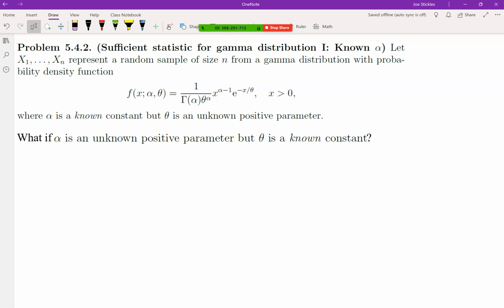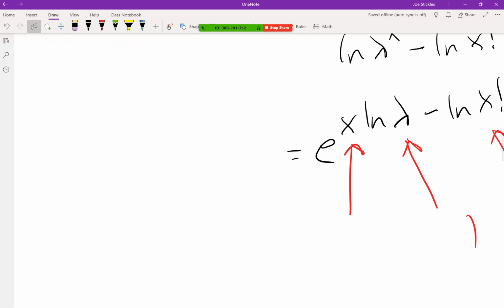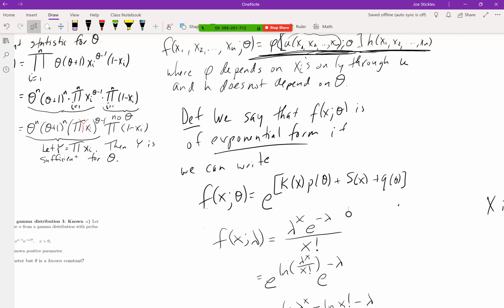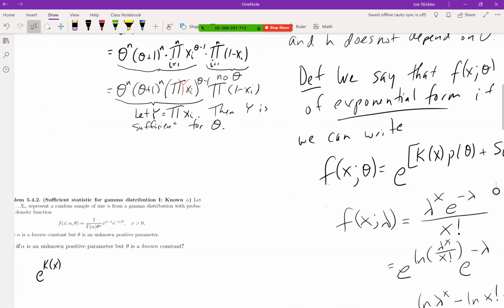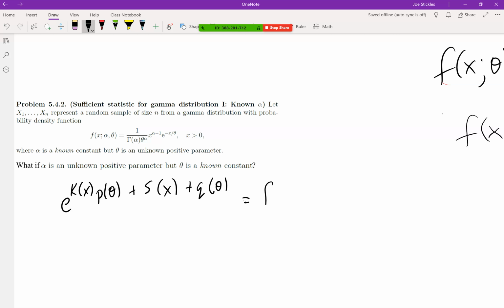The exponential form is the one that looks like e to that k of x, p of theta, s of x, and q of theta, all up in the exponent. So that's how we're trying to rewrite our PDF, where we're trying to find a sufficient statistic for the theta.